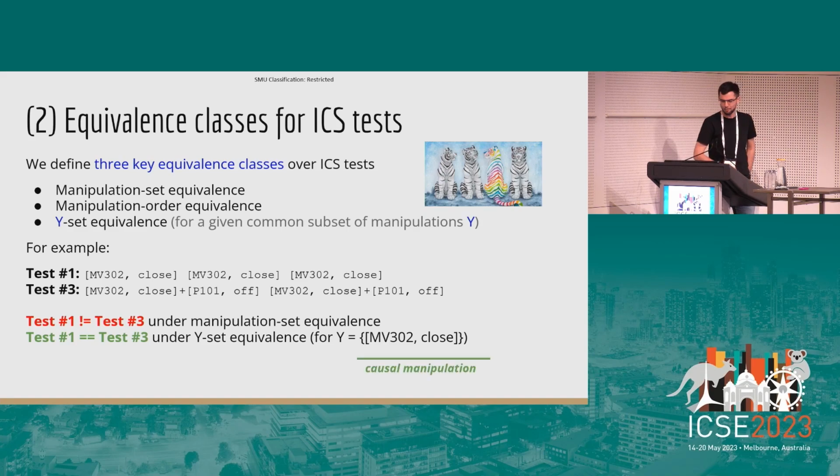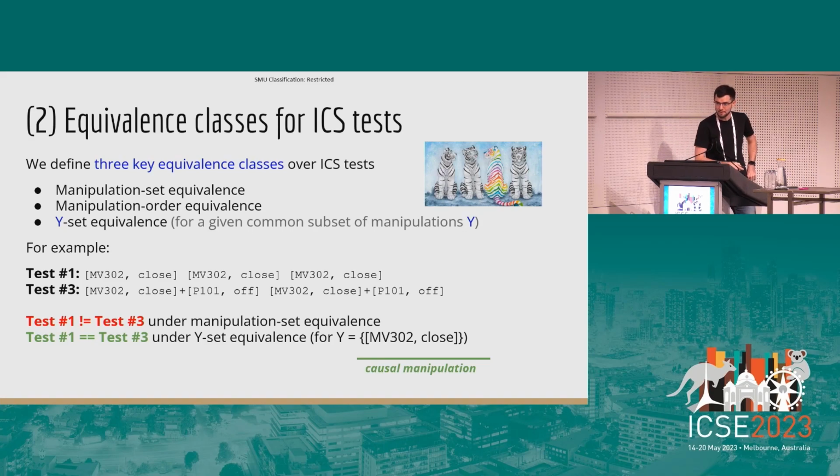This is particularly important because this manipulation has been identified as causal. I'll talk about this in a moment, but essentially this is the reason why these tests are succeeding. So if we know that it's causal and we want to generate another test in the next round, we want to exclude those tests that include this manipulation so that we can have a bit of diversity. We can have a test that succeeds for a different reason.